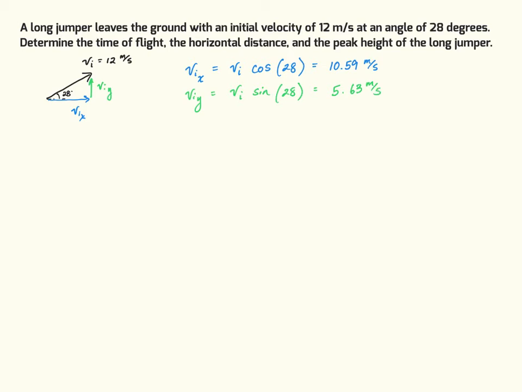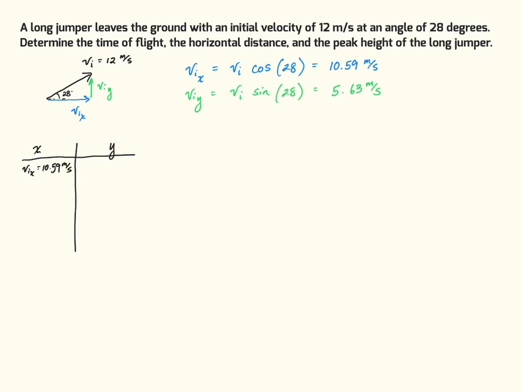Now we can draw our nifty XY chart to organize our information. In the x direction, we know v initial x is 10.59 meters per second.